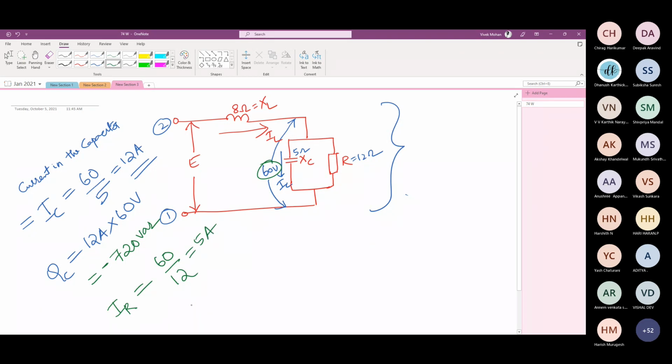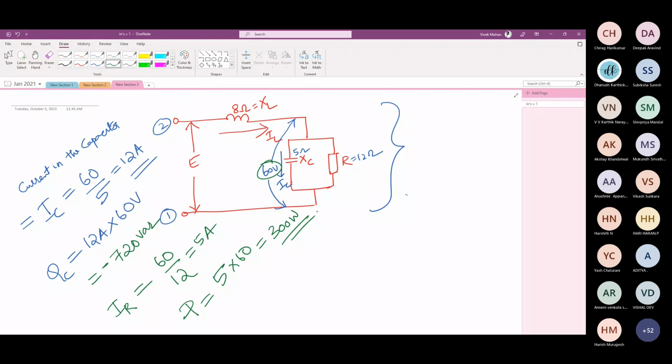Right. Now, if I want to find the active power P, 5 is the current into 60 is the voltage, which is equal to 300 watts. So I am going with finding the reactive power and active power associated with each component in the circuit, thereby finding the total reactive power and active power consumption of the circuit.